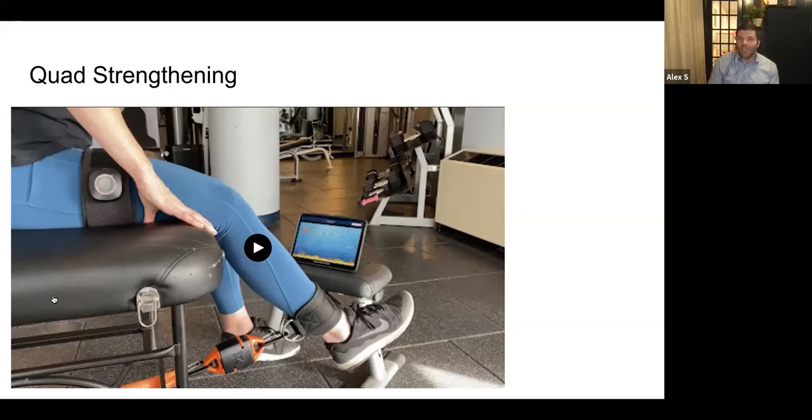But if you are able to know what the other side is potentially able to do, what that MVC is, and dial in a small percentage of it, utilize the Saga Smart Cuffs here, a BFR to do 30% of that, but get the training effect on the quad that is exponentially higher than what the load of the patellofemoral joint is, it's a win to me, and it's a win to most physicians.